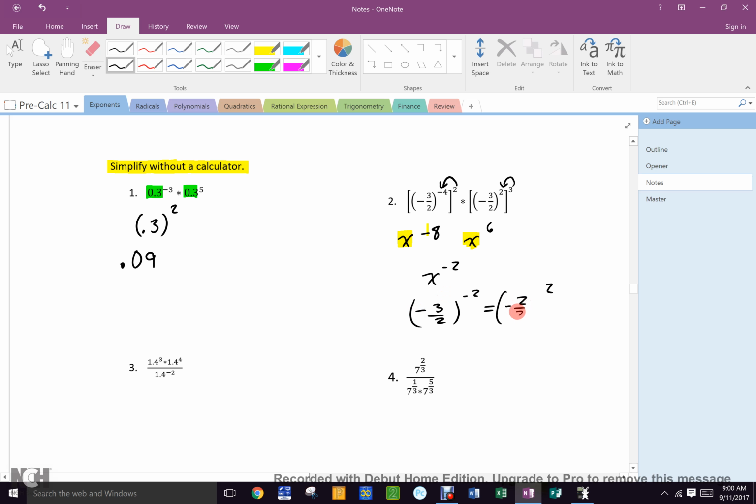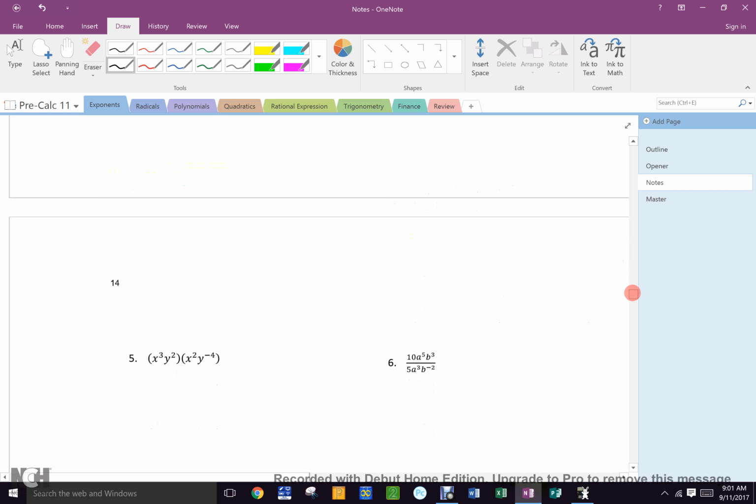This is -2/3 squared. But is that negative part of the base? Is it? And is it getting squared? So what happens to that negative? It disappears, and I get 4/9. Is everyone okay? Looks scary, but isn't, because you already know how to do it, right? Don't let looks fool you.